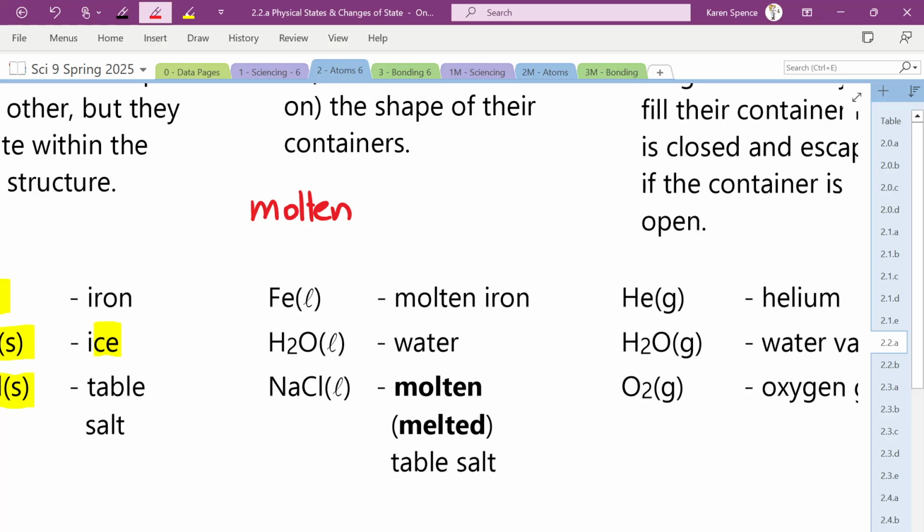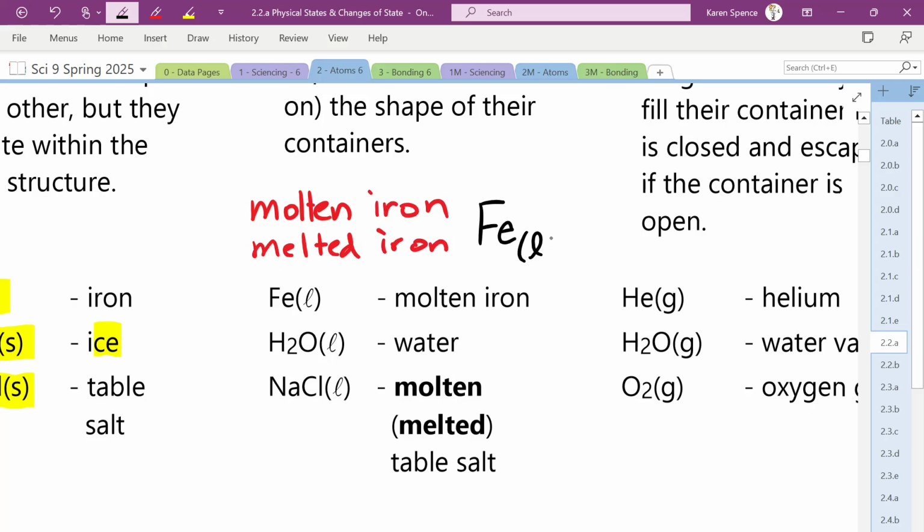It is melted rock, okay? If we have molten iron, that means melted iron. And we would show that by writing Fe, and then we would show that it is a liquid. Okay?